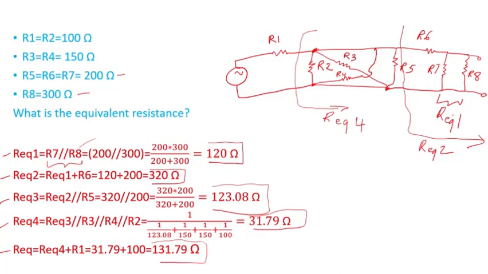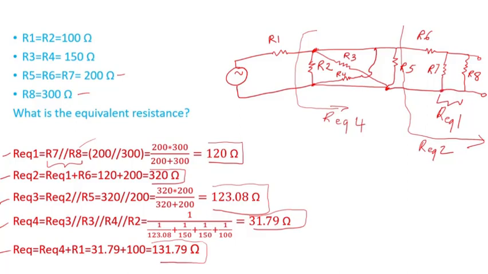Then I noticed it was in series with R6, so I found the equivalent. I noticed it was in parallel with R5, and I found the equivalent. Then I noticed it was in parallel with R3, R4, and R2, and I found the equivalent. So you do it one at a time.